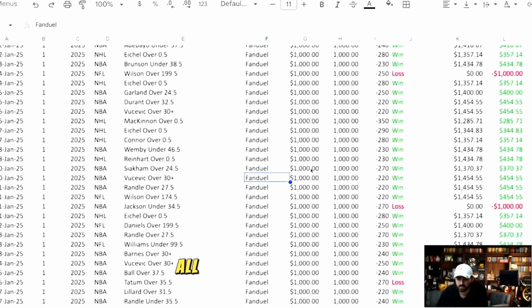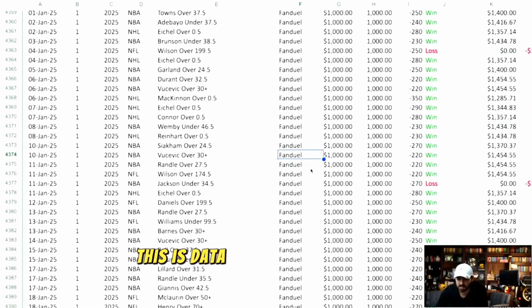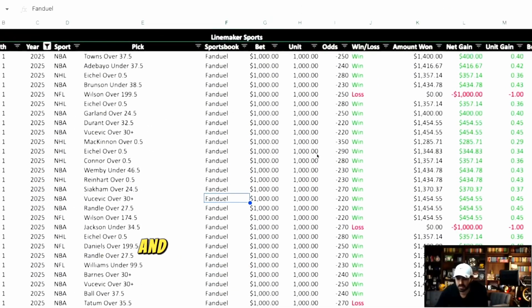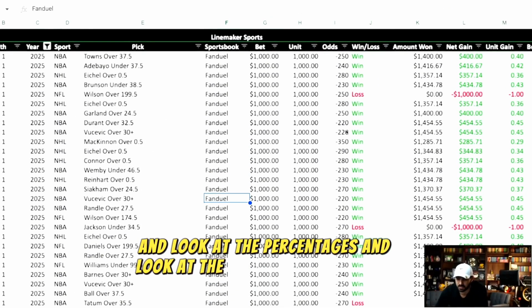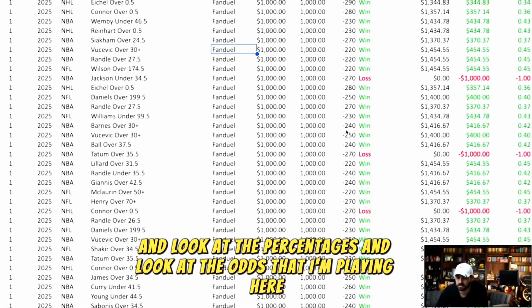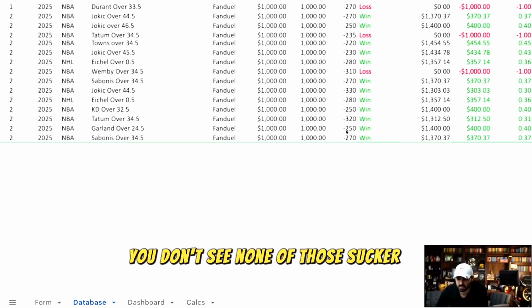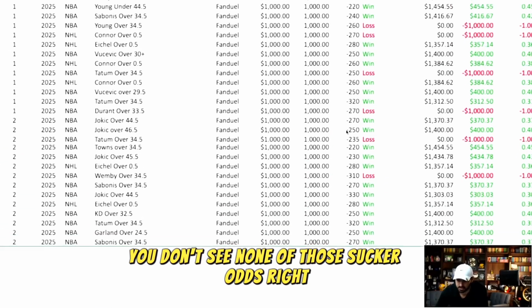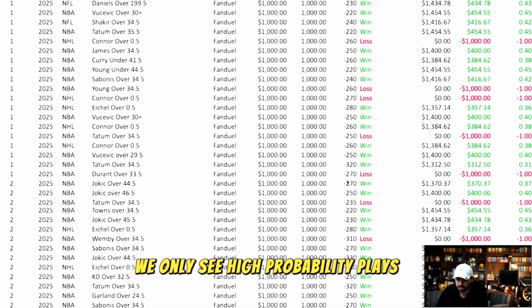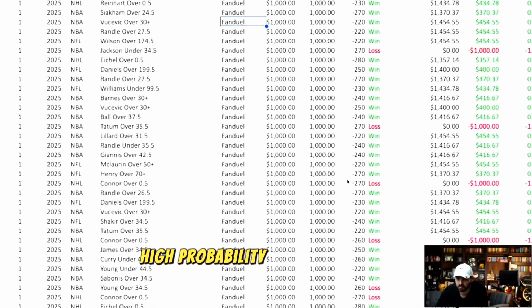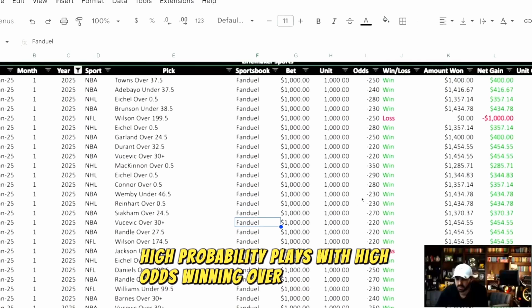This is data that has been backed for years. Look at the percentages and the odds I'm playing here. You don't see any of those sucker odds in here. We only see high probability plays, high probability plays with high odds, winning over the long term.